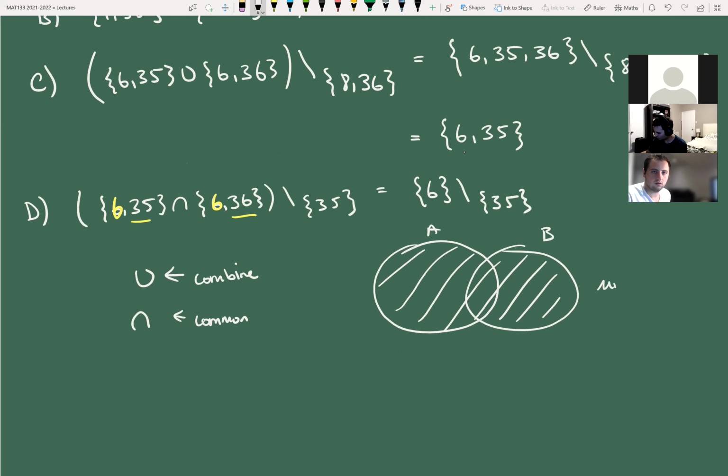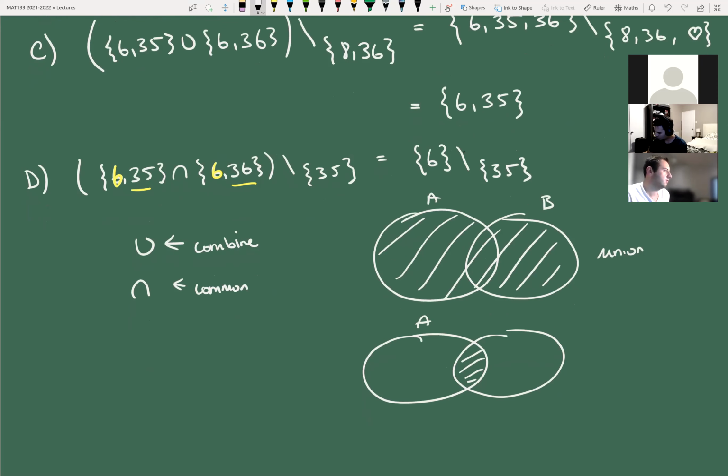And then the intersection is where they overlap, right? Does that make sense? Okay, perfect. All right, right on.